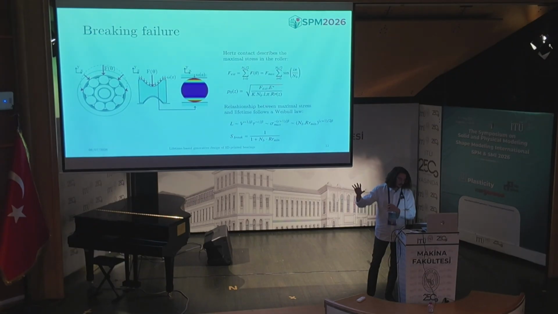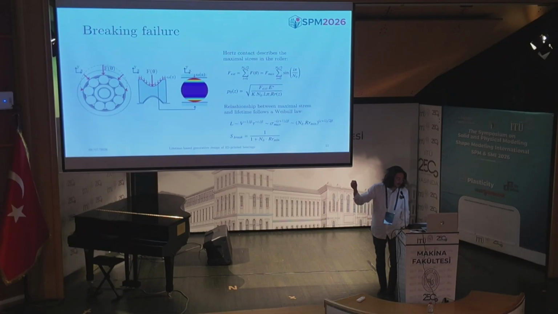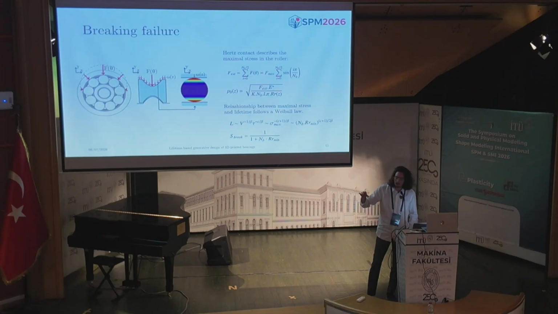For the breaking failure, this is way easier because this is the most studied failure in the literature. So we can first simulate the maximal stress in the roller thanks to Hertz contact.